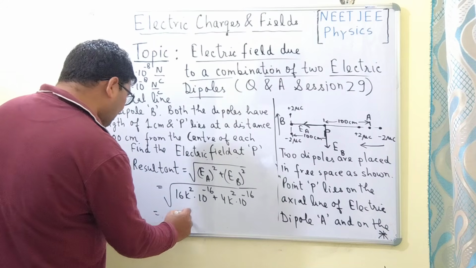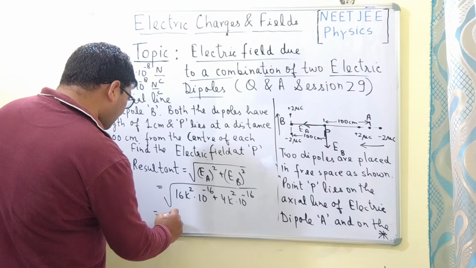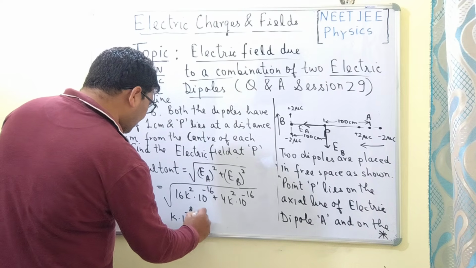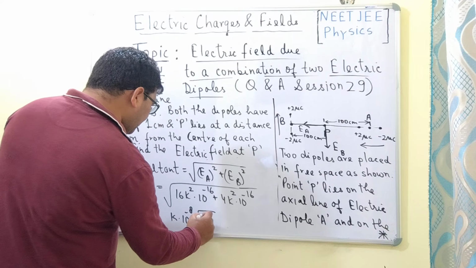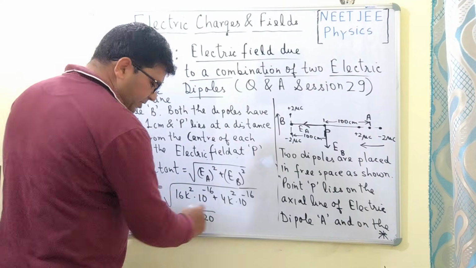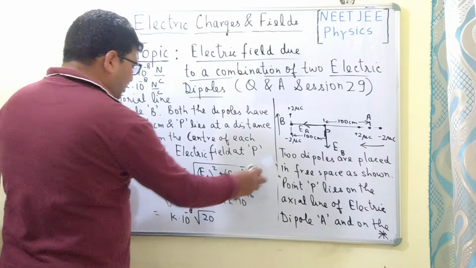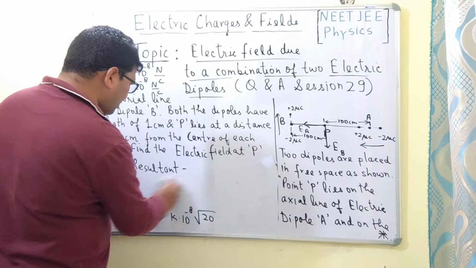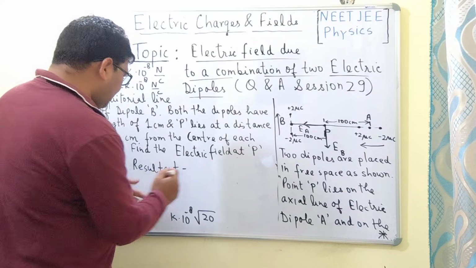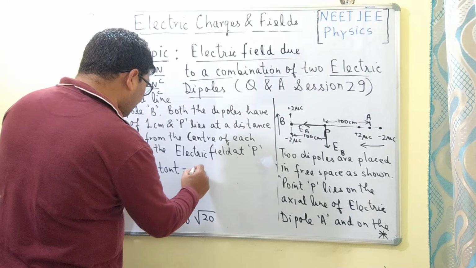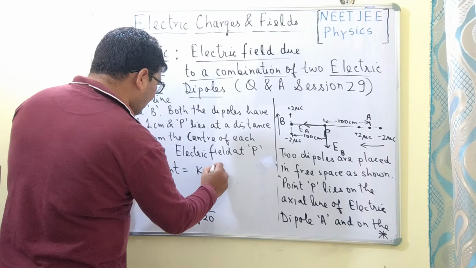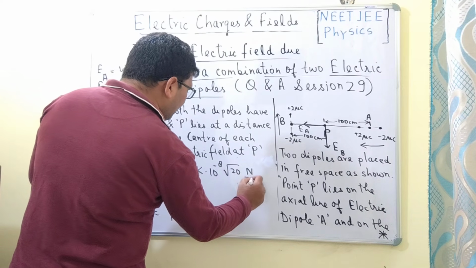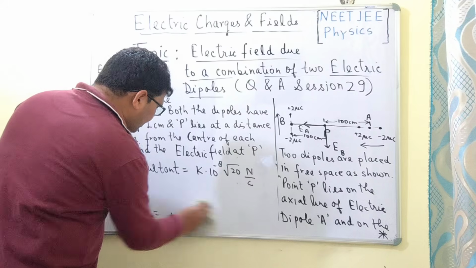So this is equal to K into 10 to the power minus 8 root 20 Newton per Coulomb.